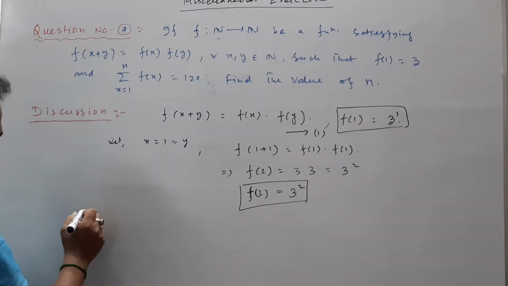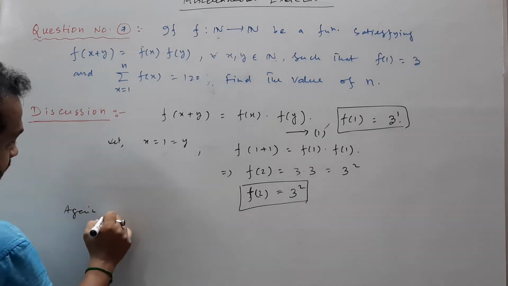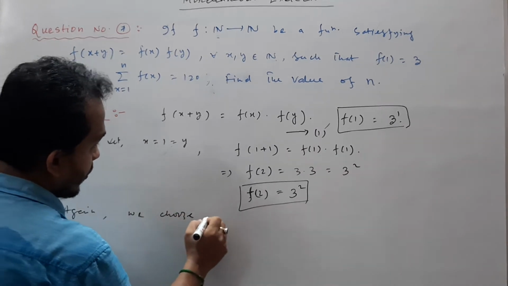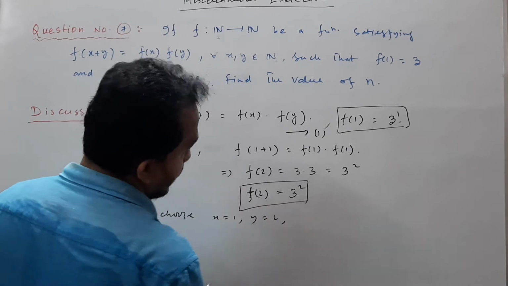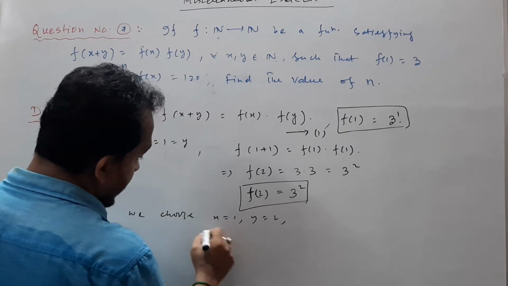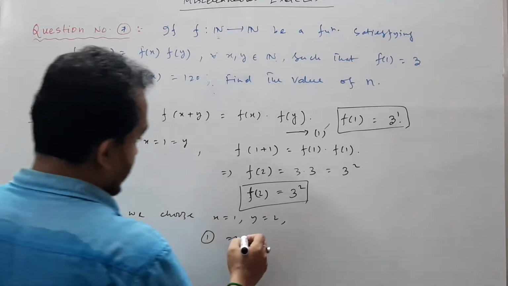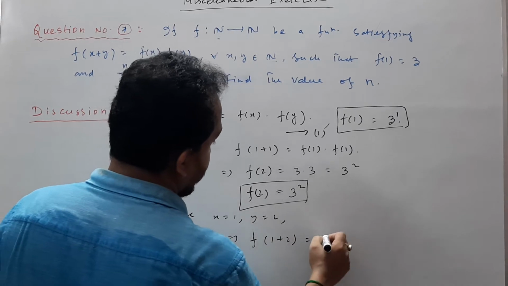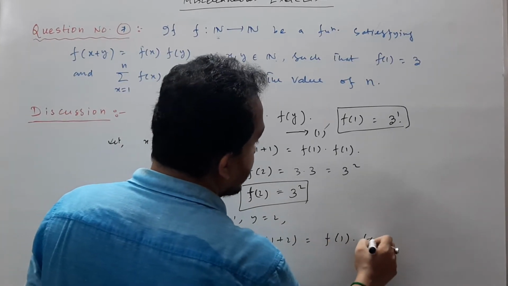Now again we choose x = 1 and y = 2. Then relation 1 implies that f(1 + 2) = f(1) into f(2).